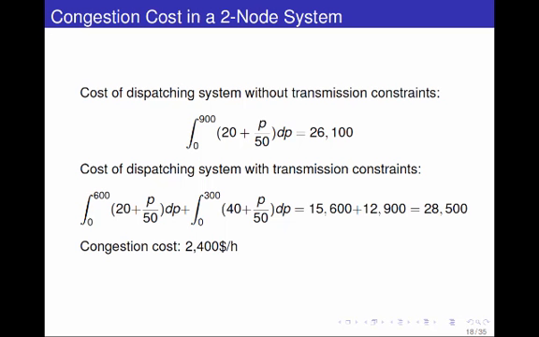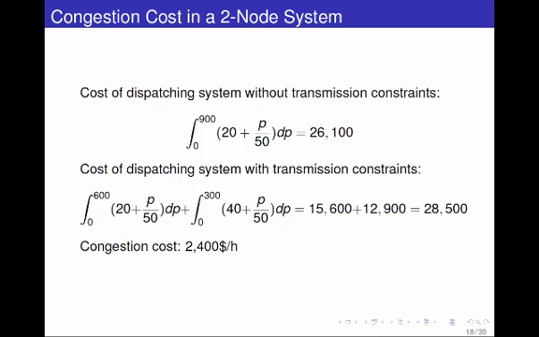So how much cost are we incurring in this case with the line over there? This is the cost that's collected from generators in area A. We're integrating the marginal cost curve over their output. And this is the cost we're collecting from generators in area B, which comes out to 28,500.